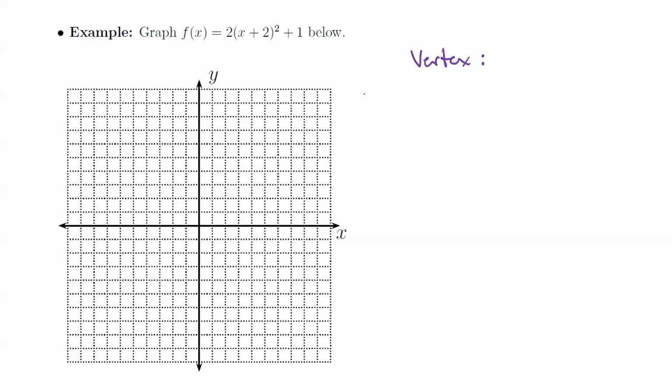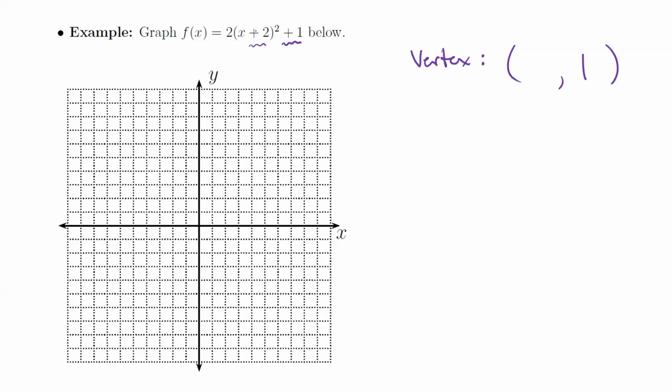Okay, so when it comes to the x and y values of your vertex, remember that the y value is exactly the same number that you see out here. So if you do +1, then that means the y value of your vertex is +1. If it was minus, then you would have a negative here in the y value. But for the x value of your vertex, which is in here, it's going to be the opposite.